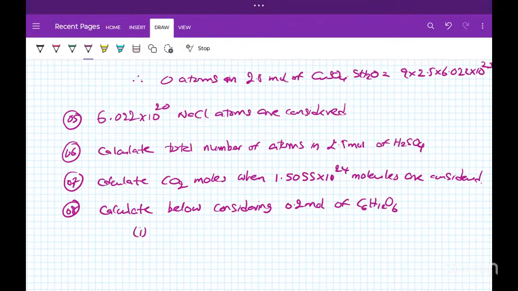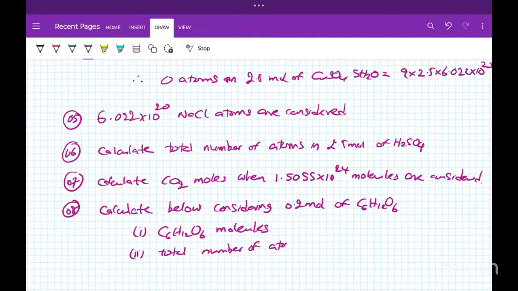Number 1, C6H12O6 molecules. Number 2, total number of atoms. Number 3, total number of oxygen atoms.